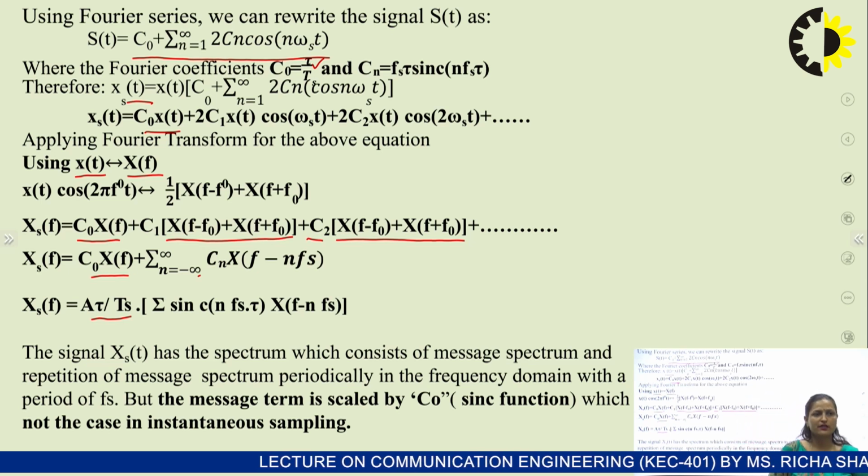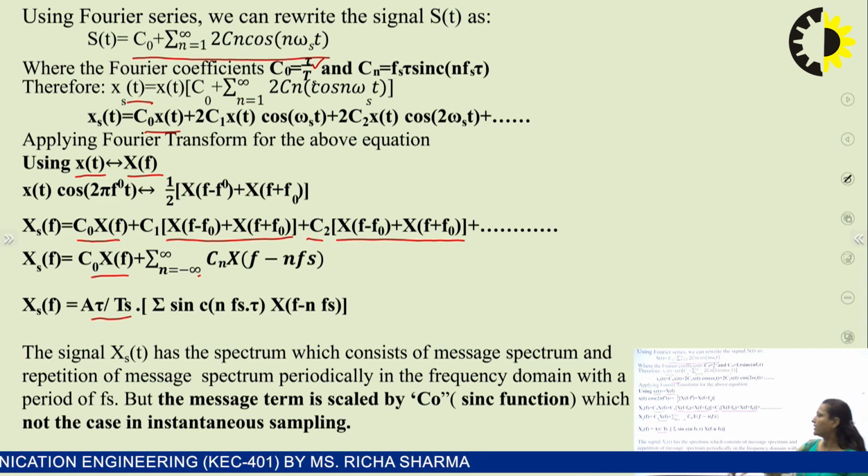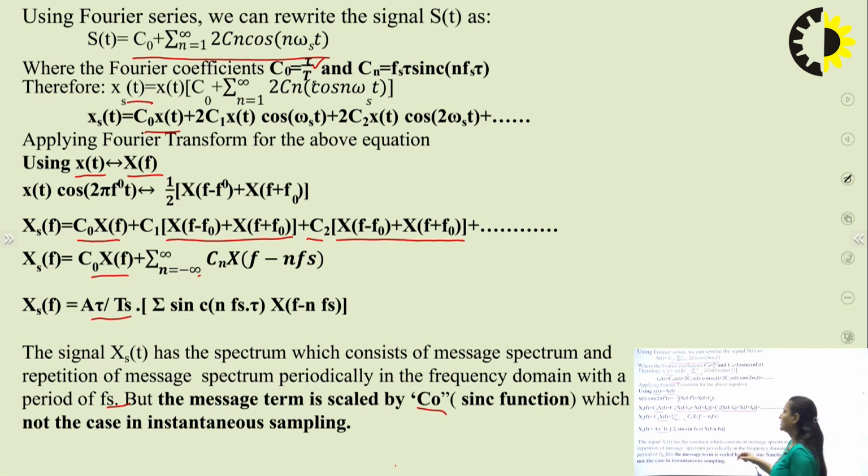So the signal x_s(t) has a spectrum which consists of a message spectrum and periodic repetitions of the message spectrum in the frequency domain with spacing fs. But the message term is scaled by c0. The actual message is now multiplied by a factor, the sinc function, which is not the case in instantaneous sampling, right.